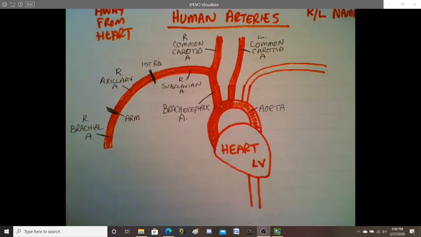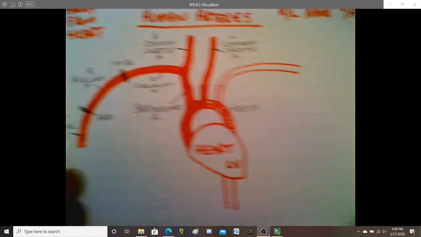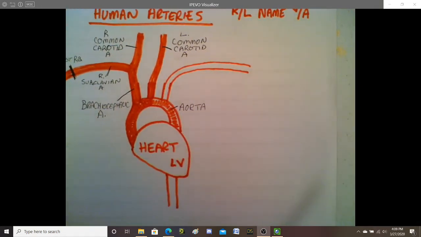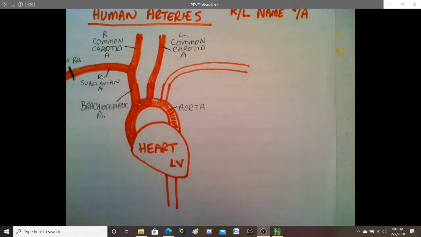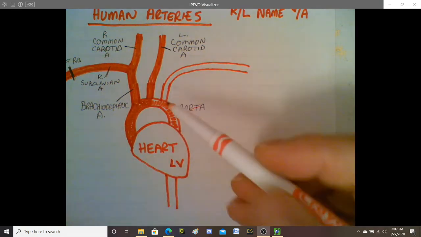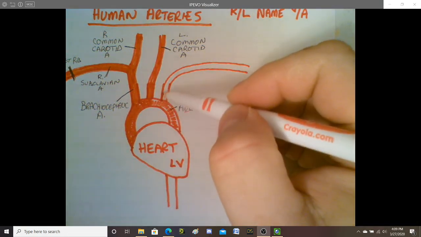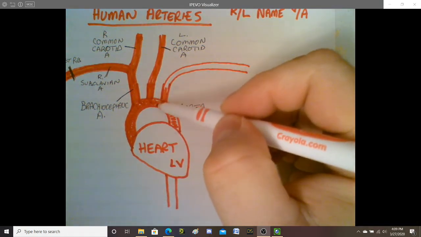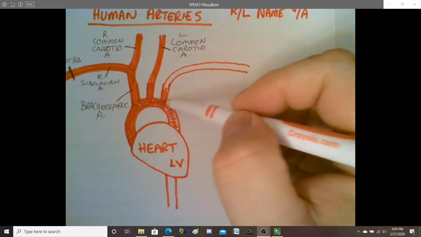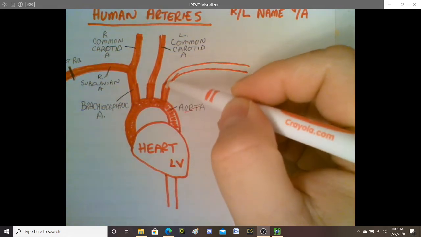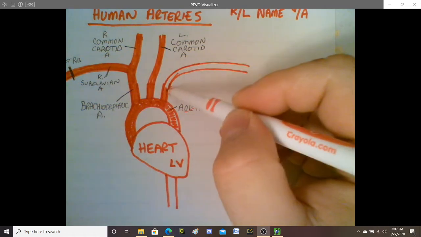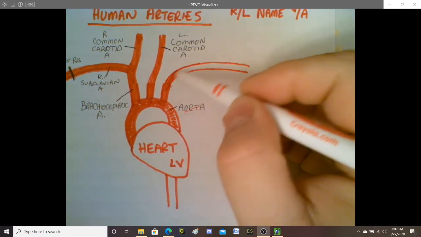All right. Now I'm going to scooch this over here so I can keep writing. So the third branch coming off the aorta is the left subclavian. The left subclavian and the left common carotid are not attached.